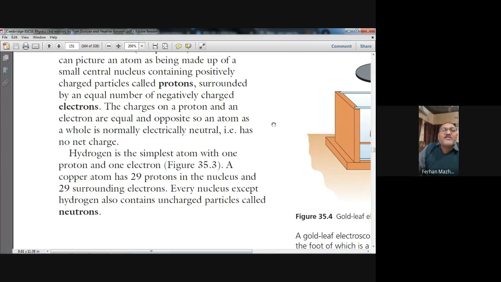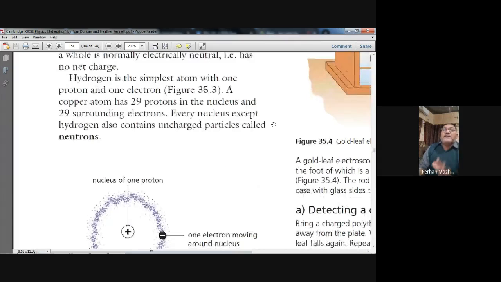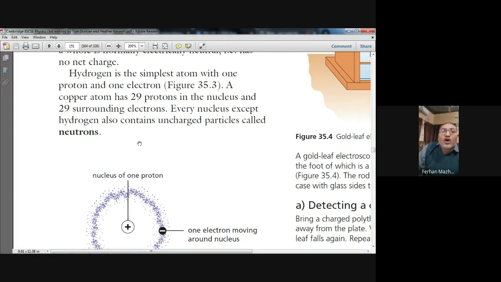That is, it has no net charge. Hydrogen is the simplest atom with one proton and one electron. A copper atom has 29 protons in its nucleus and 29 surrounding electrons. Every nucleus except hydrogen also contains uncharged particles called neutrons.